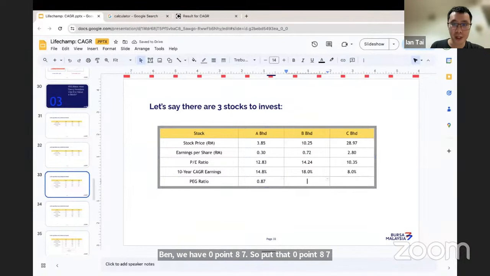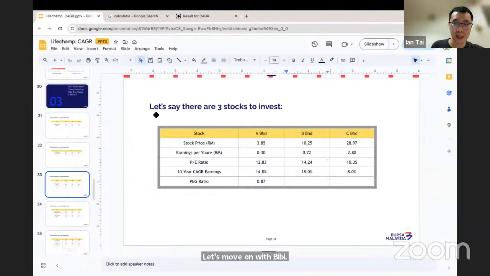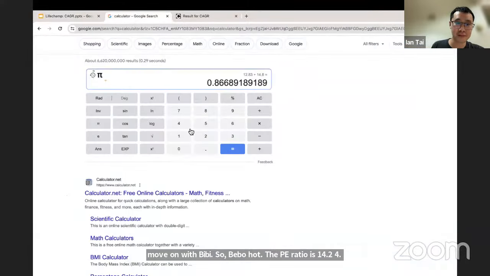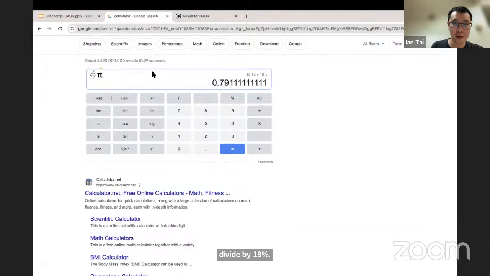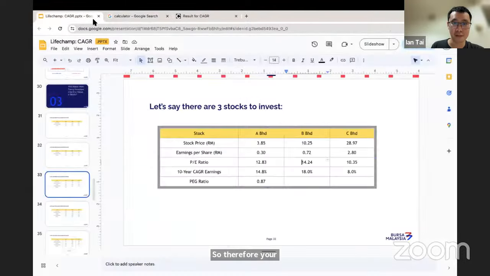Let's move on with B Berhad. The PE ratio is 14.24, but the 10-year CAGR earnings is 18%. So 14.24 divided by 18, therefore your PEG ratio is 0.79. So put here 0.79.